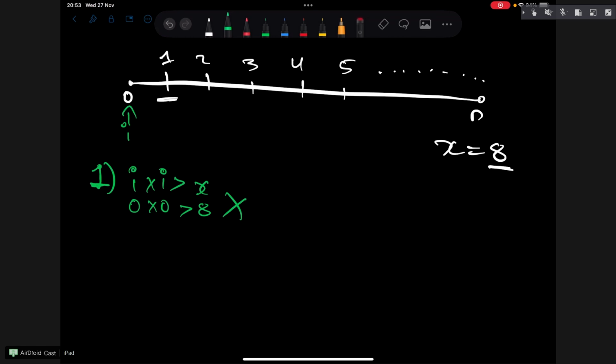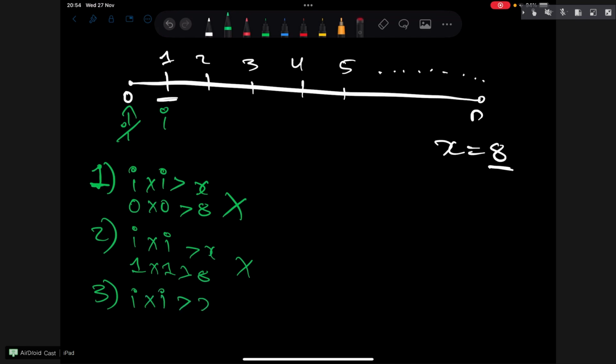If it is not, then I'll move on to the next index. I ask again, is i times i greater than x? What is i? 1 times 1 is greater than 8? The answer is no, so I'll move on to the next step. Is i times i greater than x? 2 times 2 is greater than 8? The answer is no, since 4 is obviously smaller than 8.